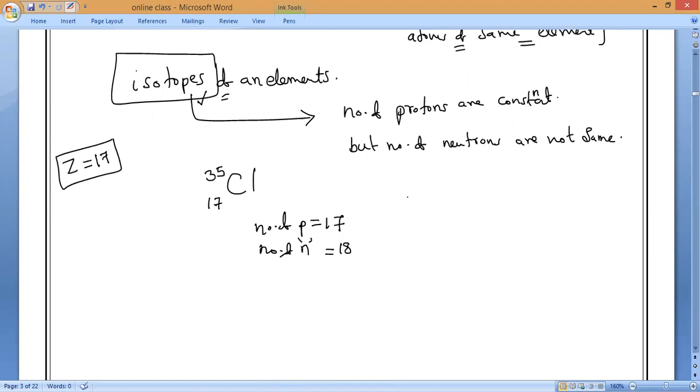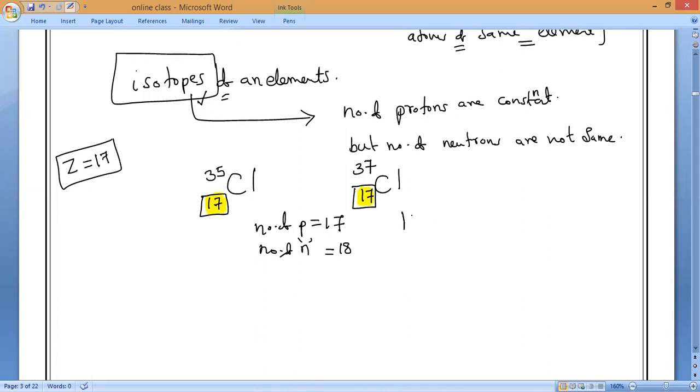In the same way, we have another isotope of chlorine. Chlorine's atomic number is 17 only. Have you noticed it? The atomic number remains constant, the number of protons. But its mass number here is 37.